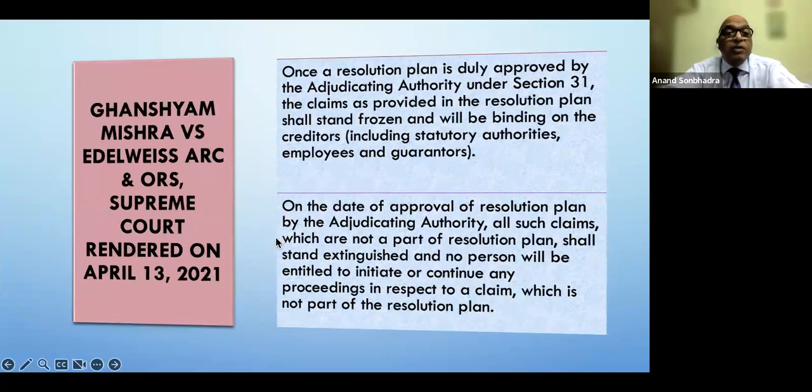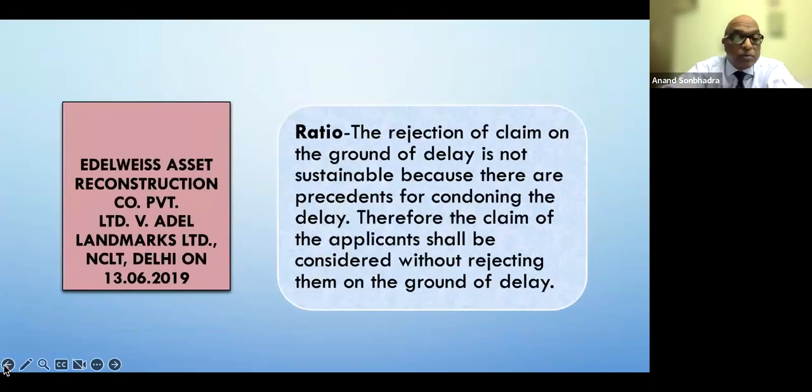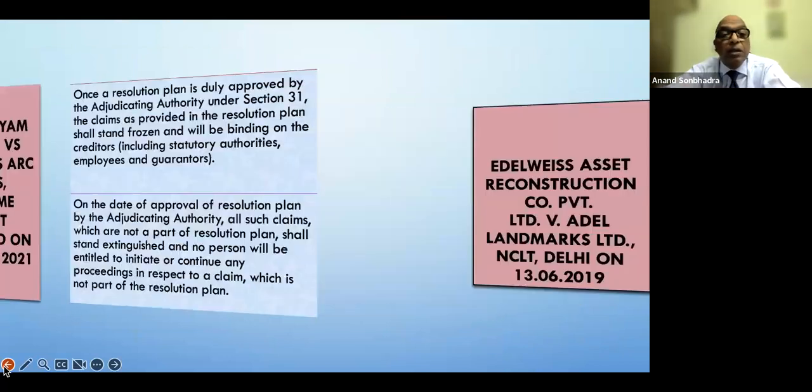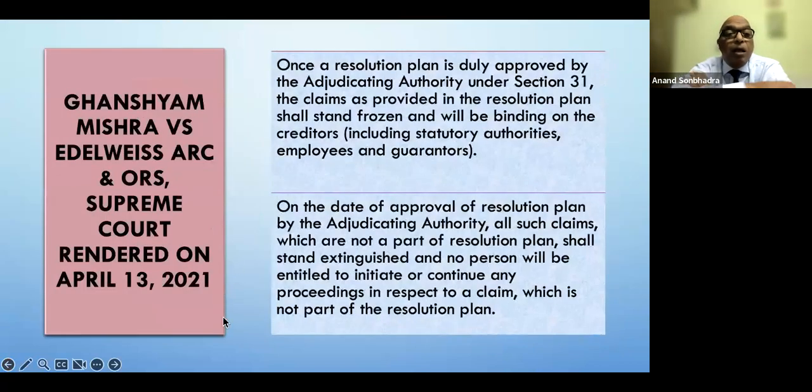In the case of Ghanshyam Mishra versus Edelweiss ARC and others, the Honorable Supreme Court held that once a resolution plan is duly approved by the adjudicating authority under Section 31, the claims as provided in the resolution plan shall stand frozen and will be binding on creditors, including statutory authorities, employees, and guarantors, everybody.